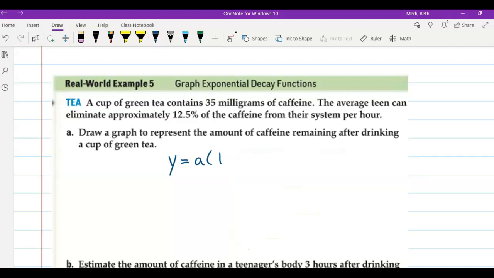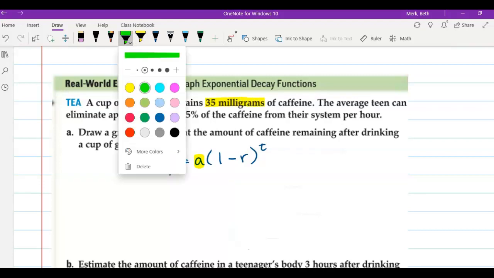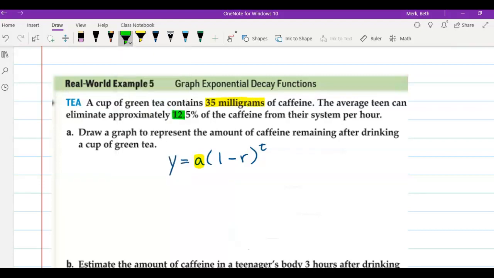Now we're decaying, so it's going to subtract the rate. We are starting with 35 milligrams. That's our initial amount. And then we're going to take away, eliminate some of that caffeine. That's our rate.